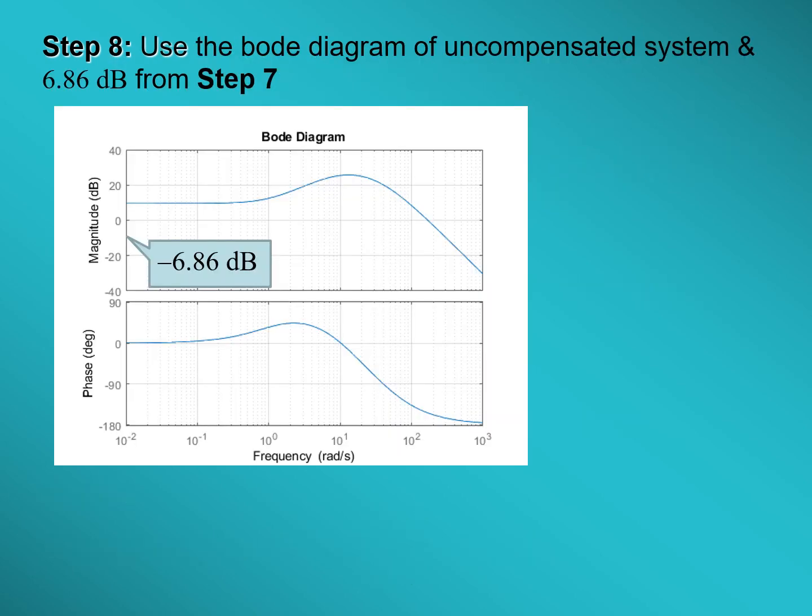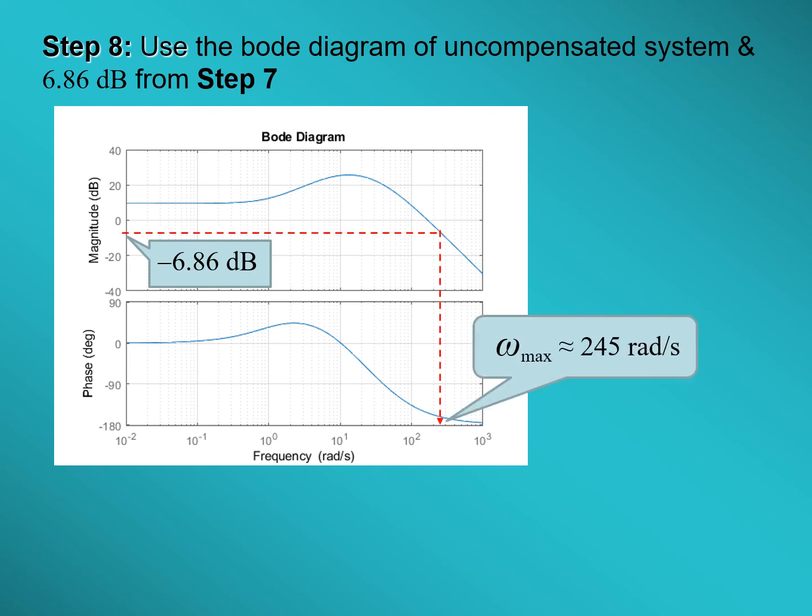Then step number 8, use the Bode diagram of the uncompensated system and 6.86 dB from step number 7. You can find the omega max, which equals 245 radians per second. And step number 9, you can calculate 1 over T.